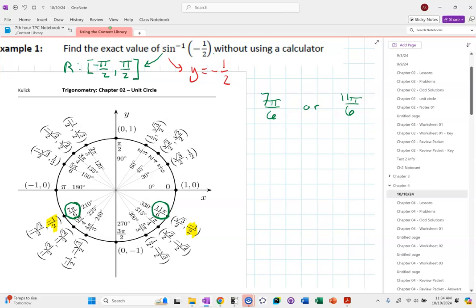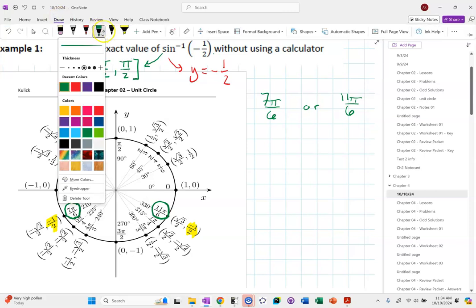So what I'm going to do is find an answer that's coterminal to each of these. To find an angle that's coterminal, I'm going to be adding or subtracting 2 pi. Since these angles were both too big, we are going to be subtracting 2 pi. Is everybody okay with that plan?